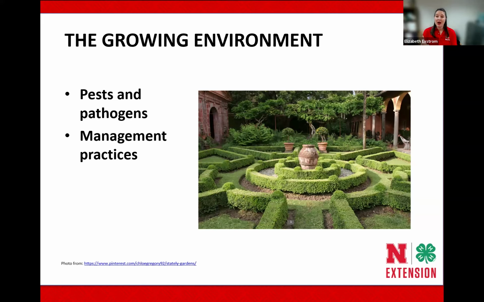So if you're going to have that curly Q evergreen near the front door, just realize you are going to have to devote more time to keeping that curly Q looking like a curly Q throughout the seasons. So management practices will play a big role in the plant material that you select, or maybe on the style of landscape that you have.